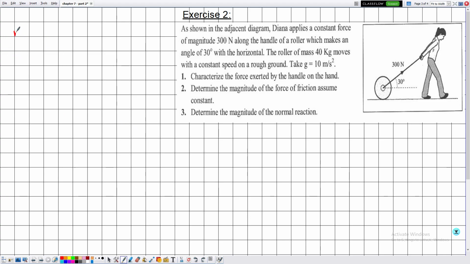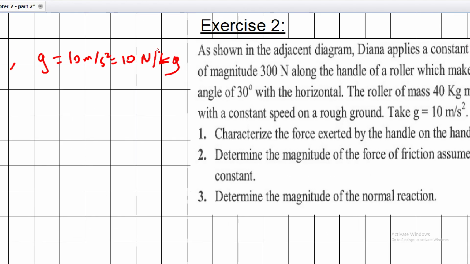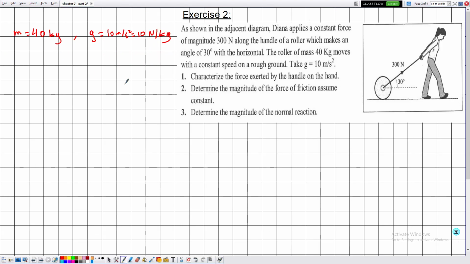So M is equal to 40 kilograms. Take G equal to 10 meter per second square, which is exactly the same as 10 newtons per kilogram. Later we will see the relation between meter per second square and newton per kilogram.